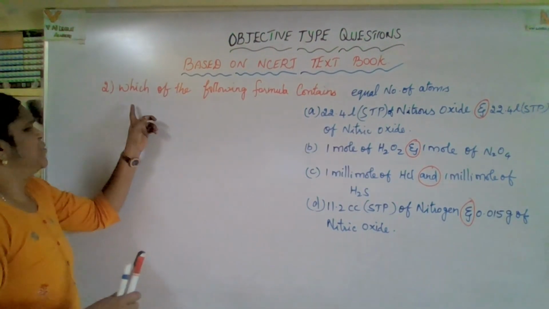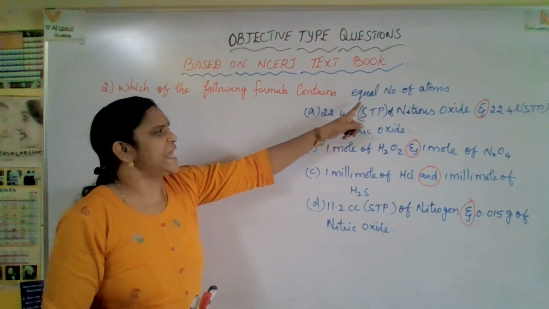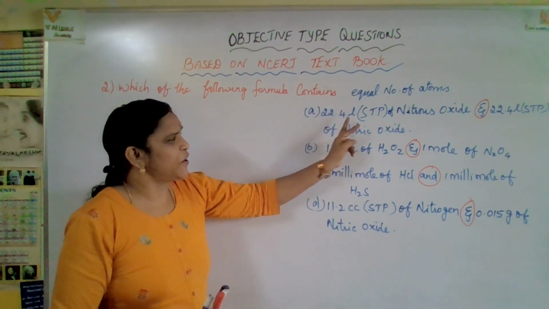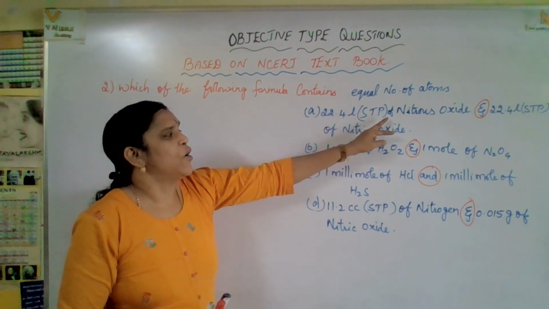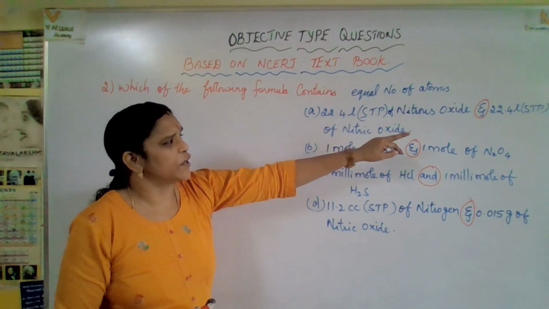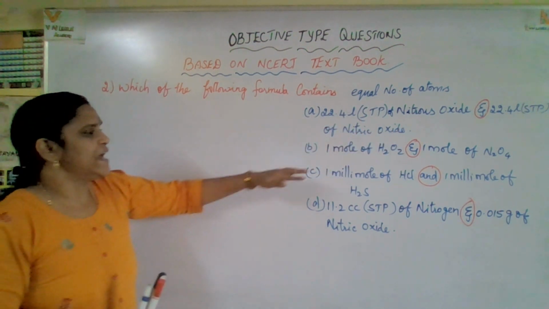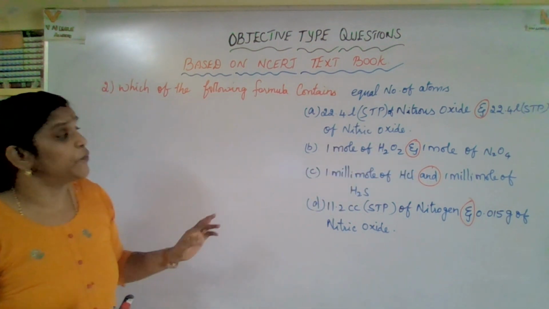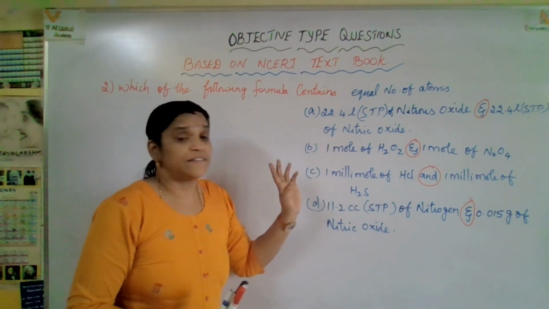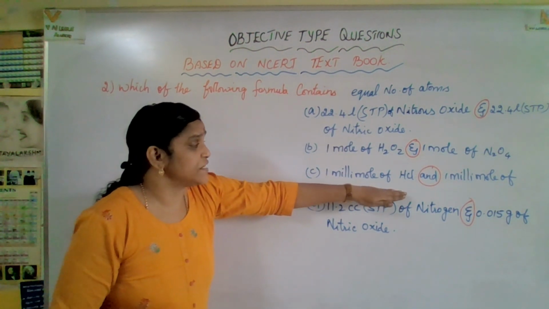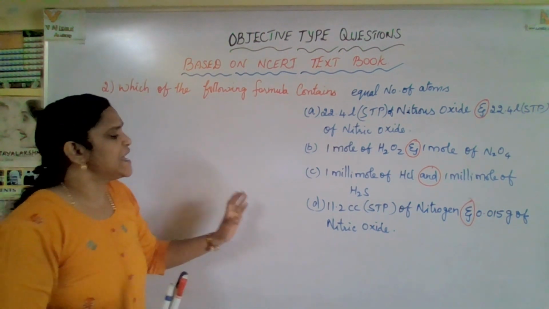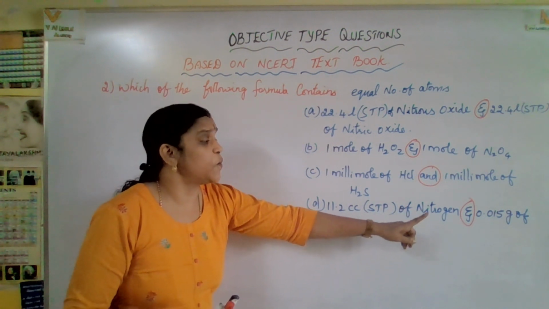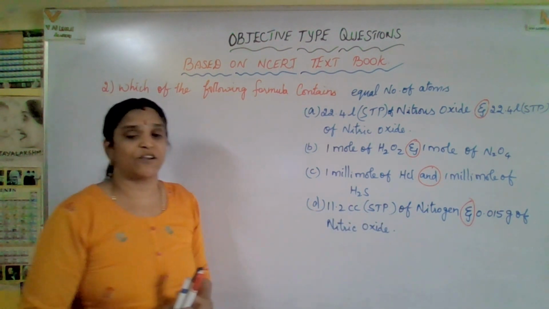The next question: which of the following contains an equal number of atoms? They have given a comparison: 22.4 liter at STP of nitrous oxide and 22.4 liter at STP of nitric oxide; 1 mole of H2O2, hydrogen peroxide, and 1 mole of N2O4, dinitrogen tetroxide; 1 millimole of HCl and 1 millimole of H2S; and 11.2 cc at STP of nitrogen and 0.015 gram of nitric oxide.